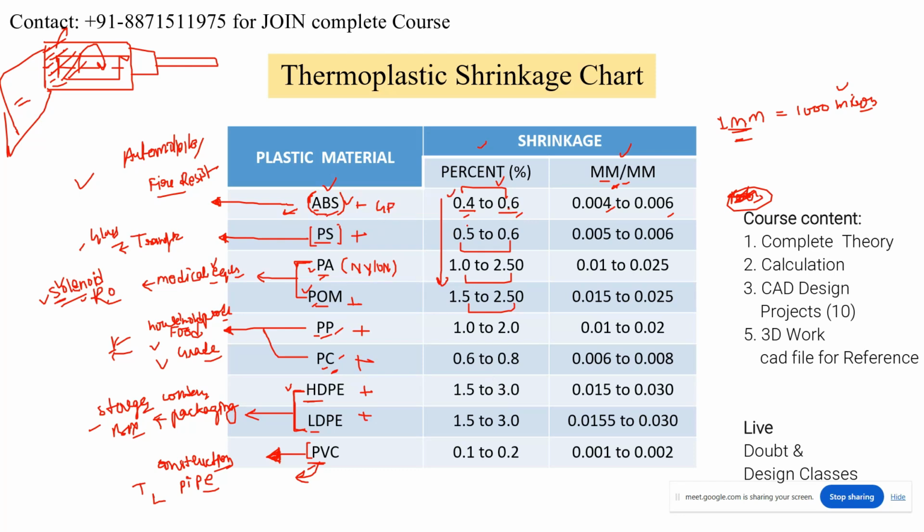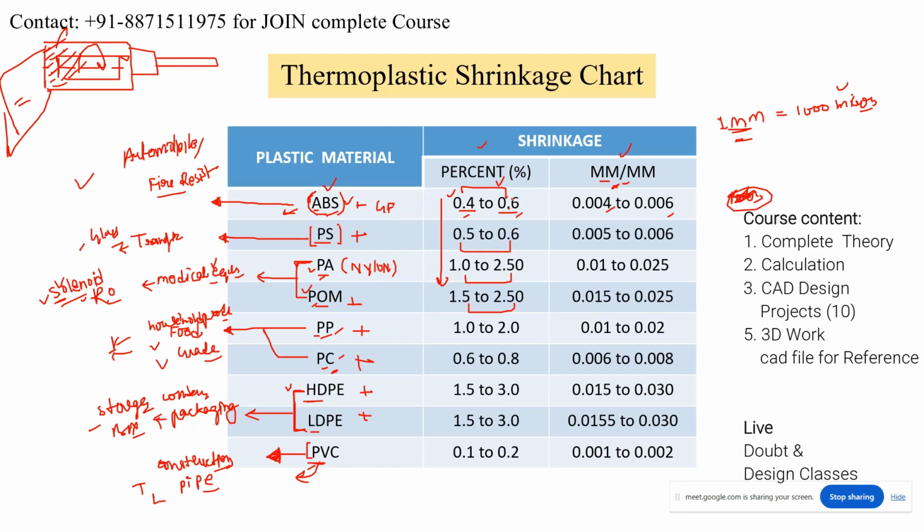Is it clear? Okay, understood. So basically you should have a question about how much shrinkage value we can take between this range, right? You should ask a question about that.